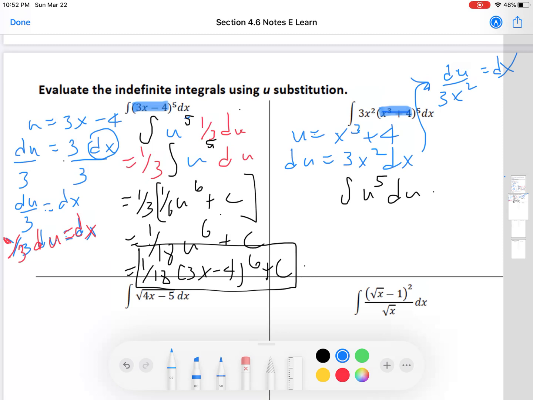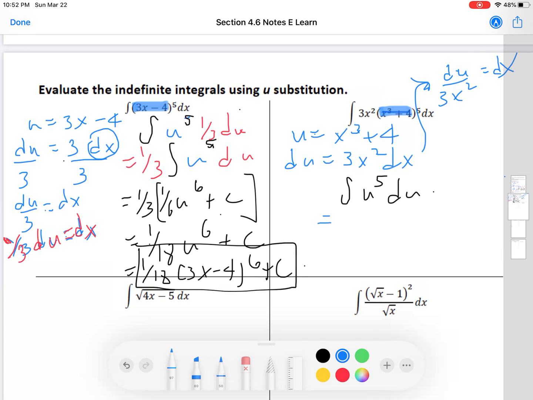And you would see that the 3x squared in the denominator with the 3x squared that's being multiplied would cancel out. So I think it's simpler to observe that the 3x squared dx is the same thing as your du. And then we can integrate this.